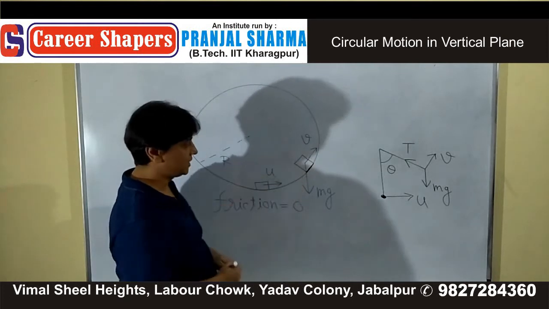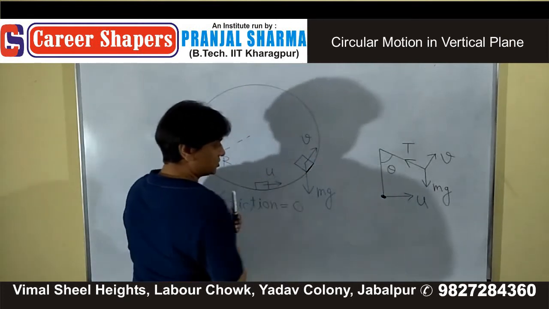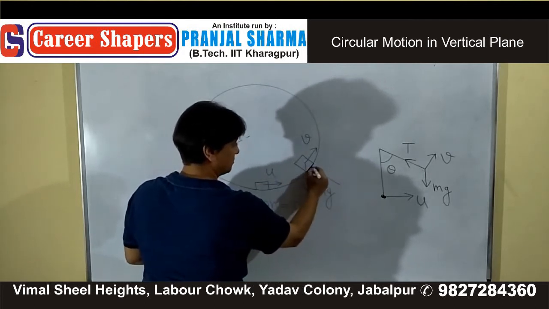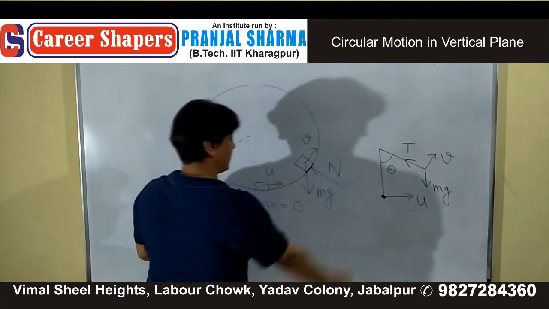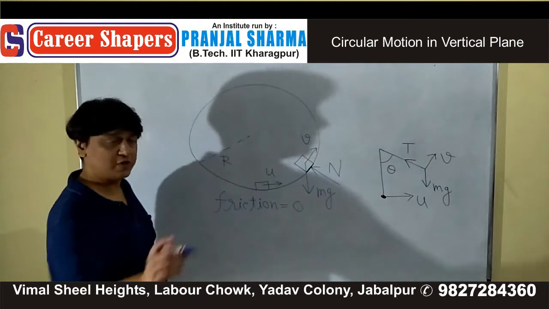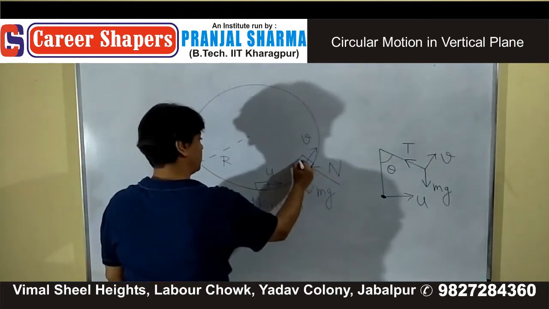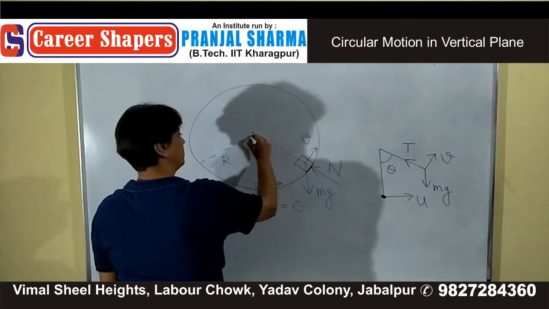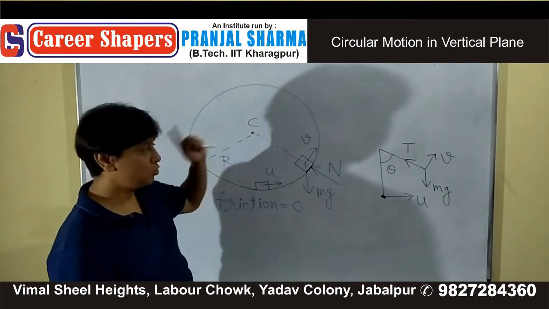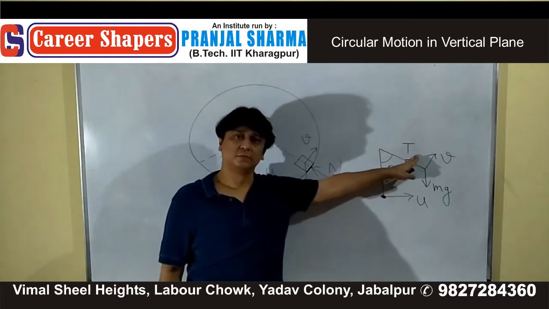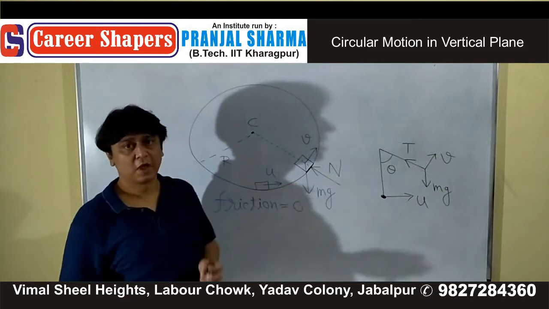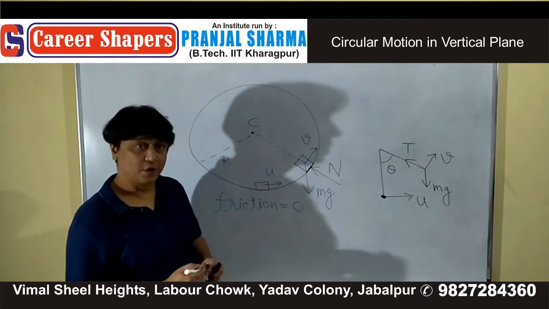So this circular track is pushing this block in this direction. That's your normal reaction force, and it's perpendicular to the contact surface, and therefore it is pointing towards the center. Role of tension force is now played by the normal reaction force.